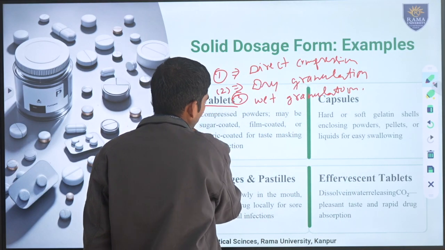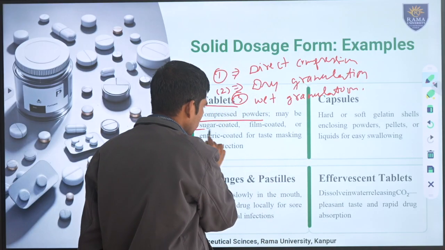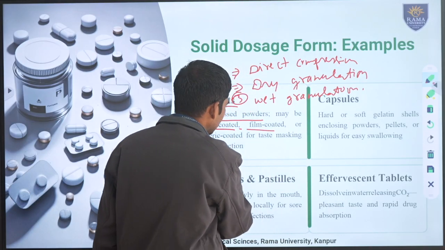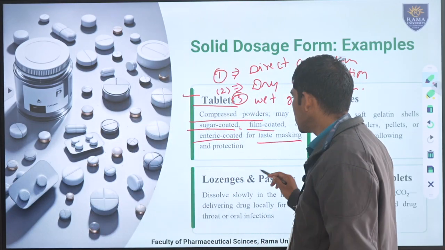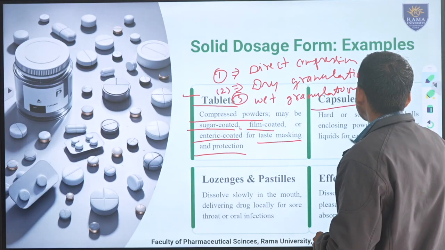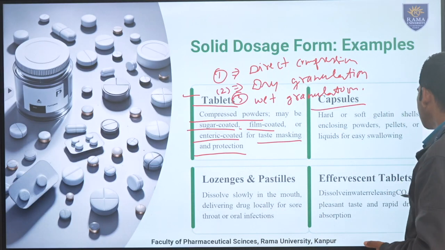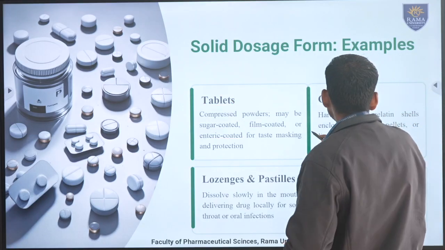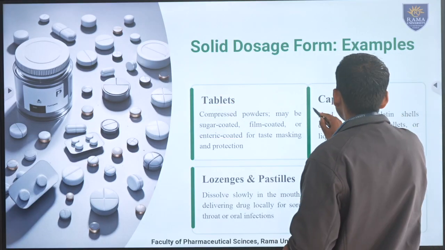So tablets, compressed powders, may be sugar coated, film coated or enteric coated for taste masking and protection. Capsules, hard or soft gelatin shells enclosing powders.